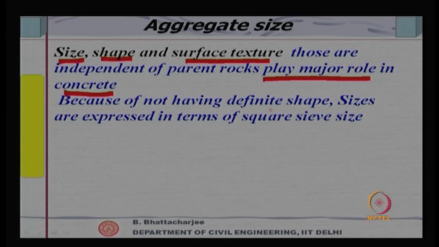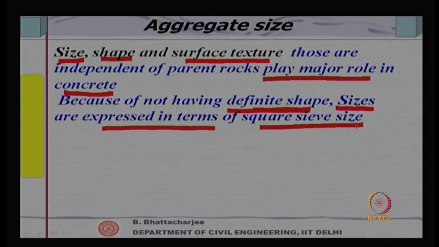Well, they do not have a definite shape, and sizes are expressed in terms of square sieve size. You do not have definite geometrical shapes, so you will talk in terms of qualitative or linguistic terms such as rounded, etcetera.